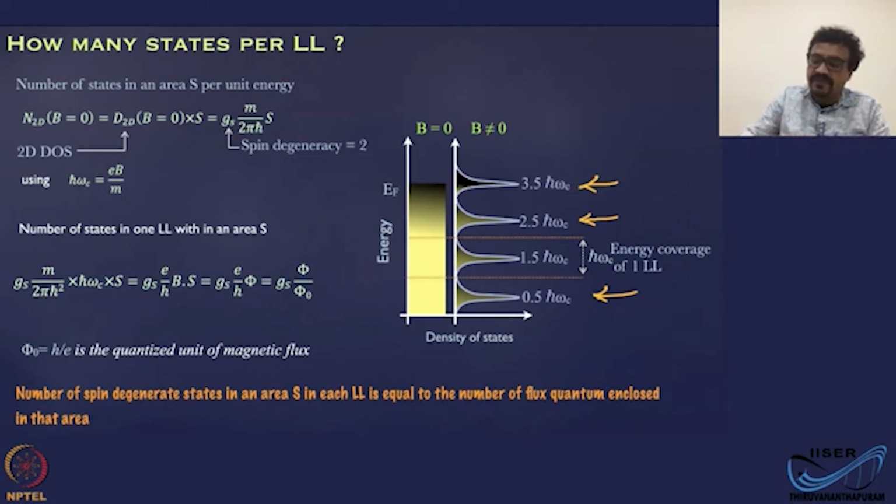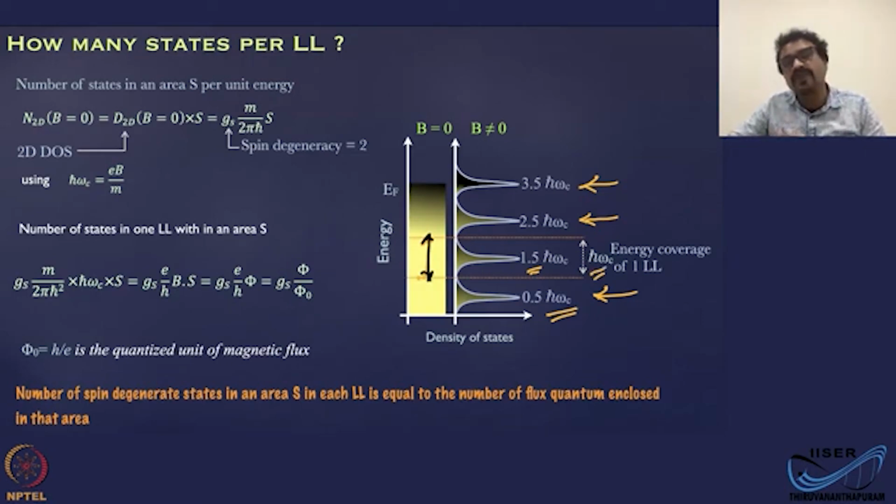So starting with 1 by 2 h bar omega, then 3 by 2, 5 by 2, and so on. And you can see that the energy spread or energy coverage for each of these Landau levels is h bar omega c.